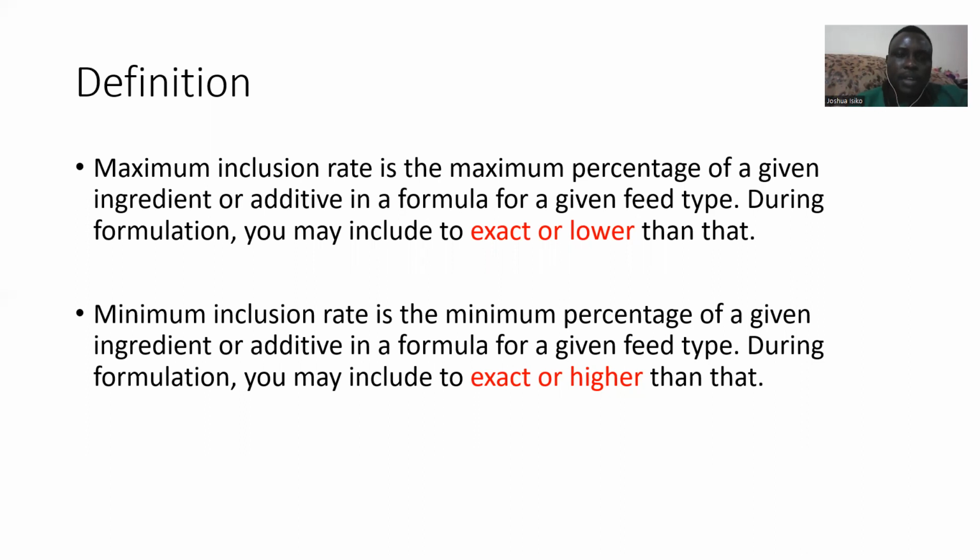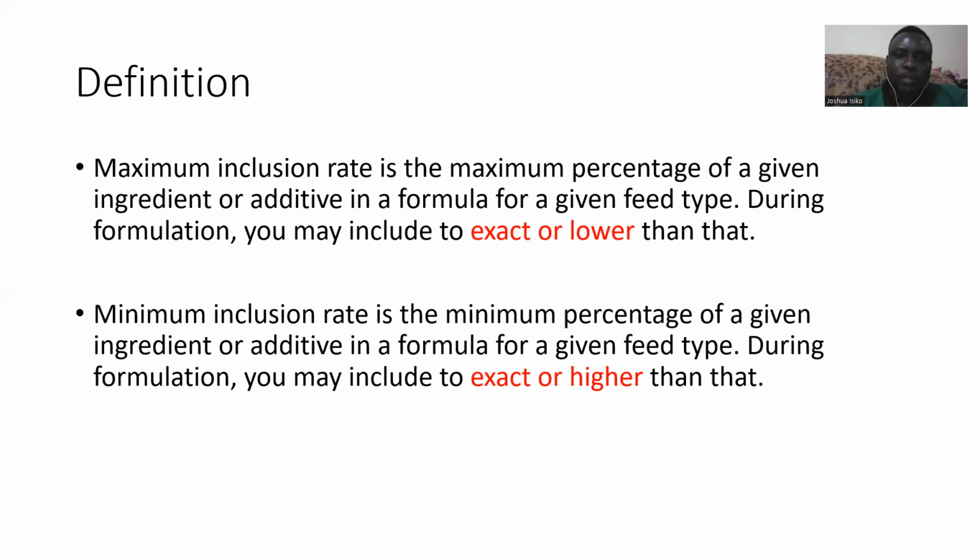Is it bad feed? The nutrition composition is good. When you take it to the lab, it will have exactly the kind of protein you want. But when you bring that feed to the farm, put it in the feeder, the animal will tell you this feed is not good, it's not palatable.